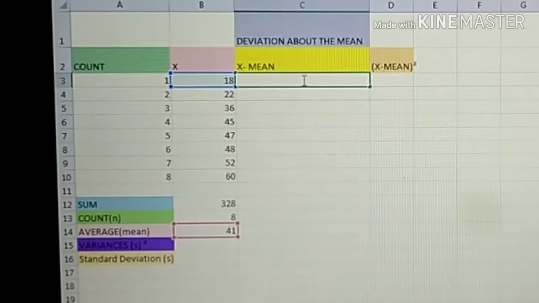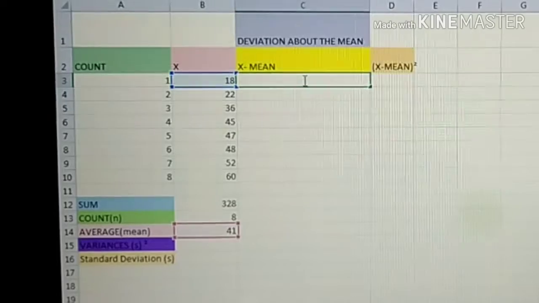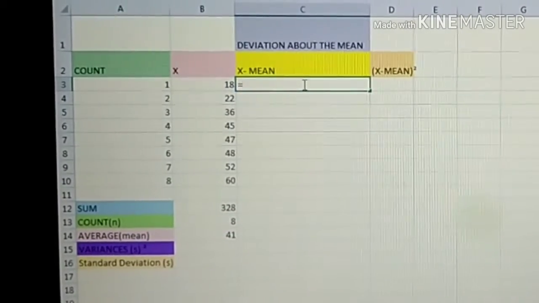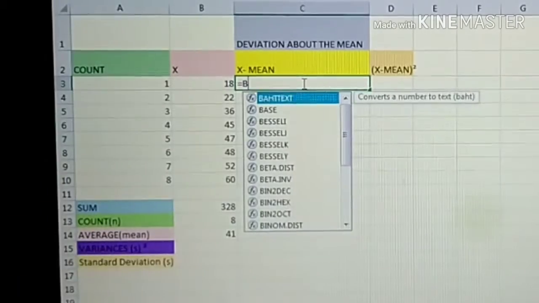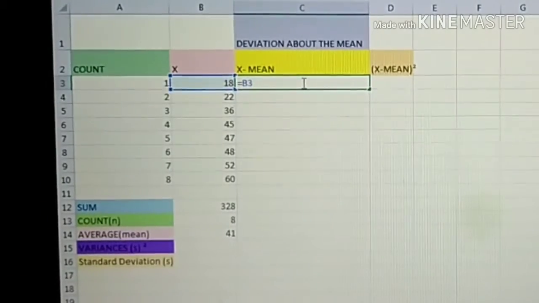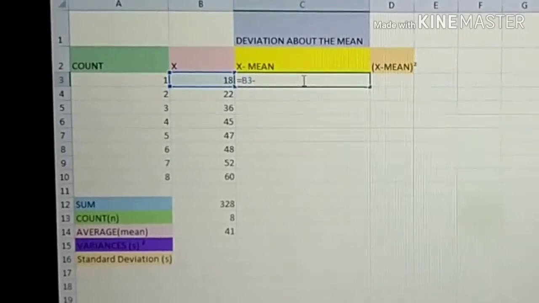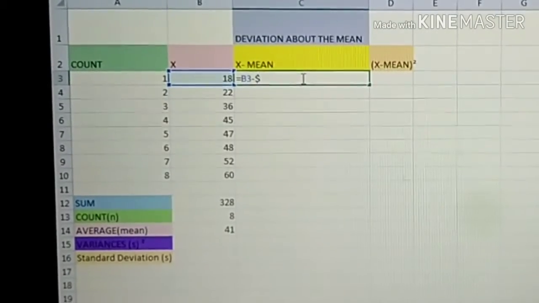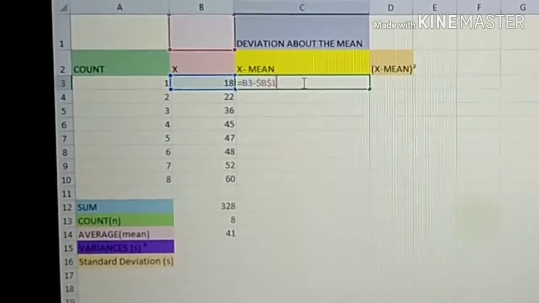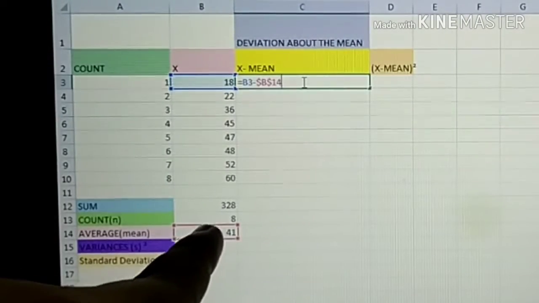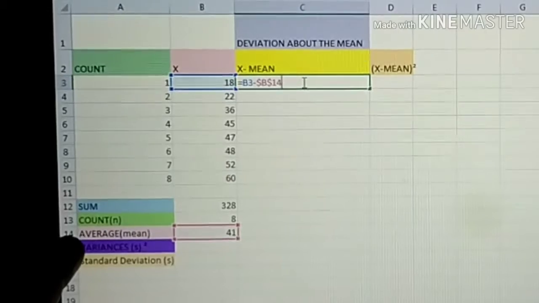So, again, to get the x minus mean, you will input the equals, then B, then the count, 3, minus dollar sign, B, dollar sign, then 14, the mean. Yes, this one.